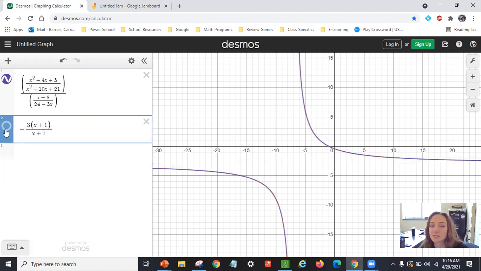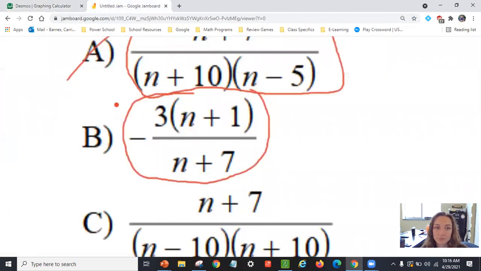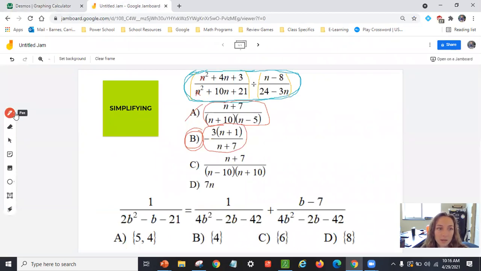And you can see that it does indeed line up directly on top of it. Because it lines up directly on top of it, this is our equivalent expression, and this is going to be our answer. You could go further and check all the other ones, but it's really not necessary. This guy is going to be your answer because it does line up directly on top of the function.